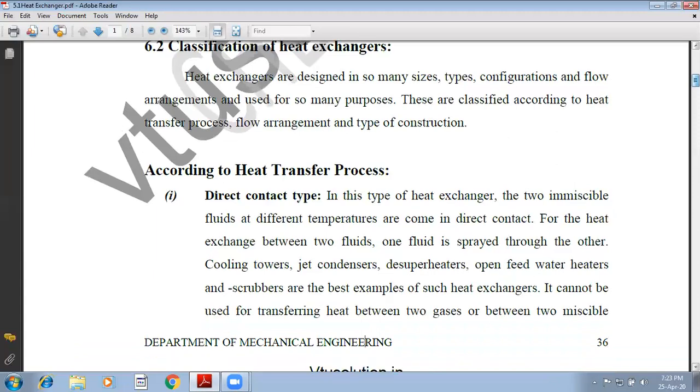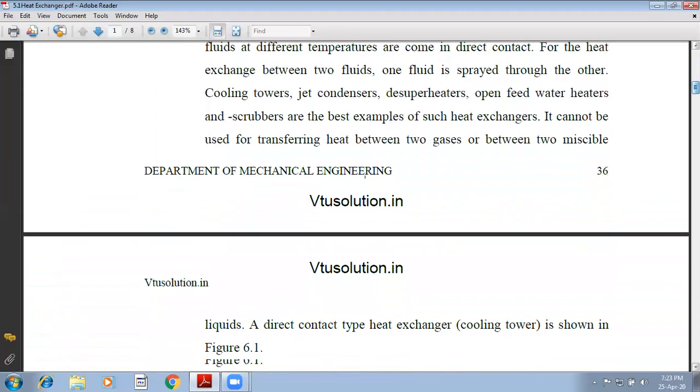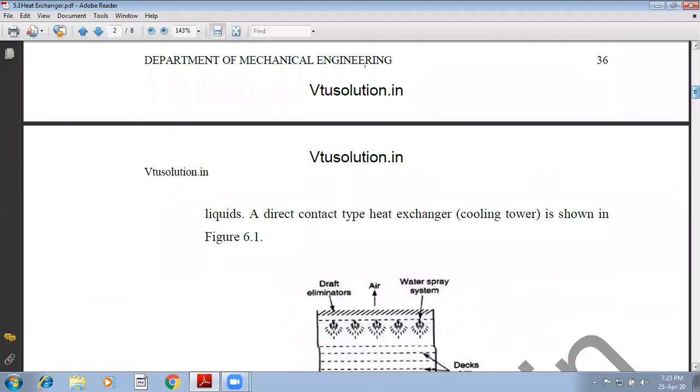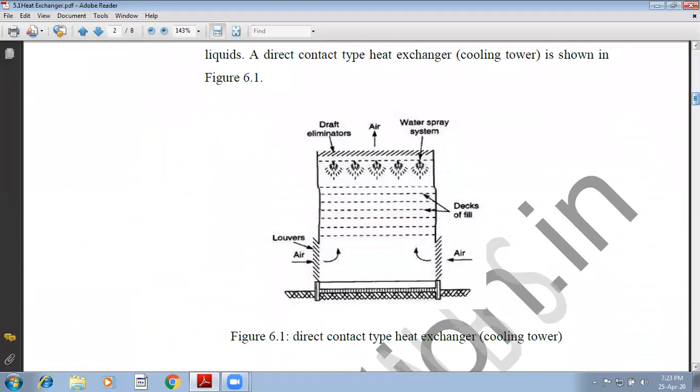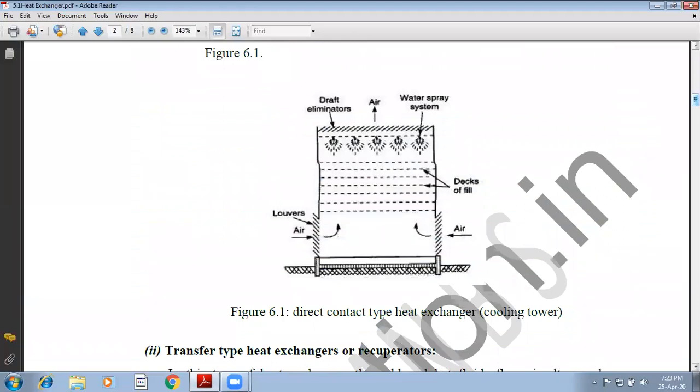Let us see an example. Here is a schematic diagram of a cooling tower. If you see, there are two fluids. One is air, which is flowing from the bottom, and another is water, which is made to sprinkle from a certain height from the base. The water is at elevated temperature.